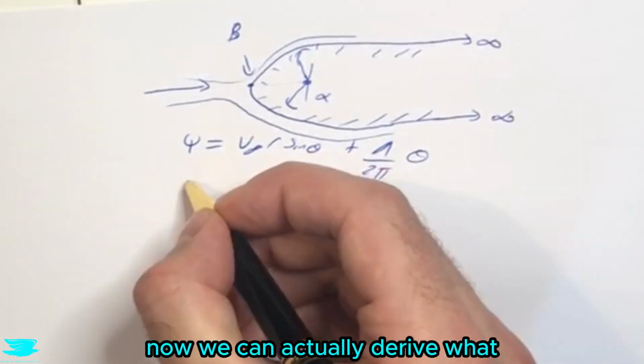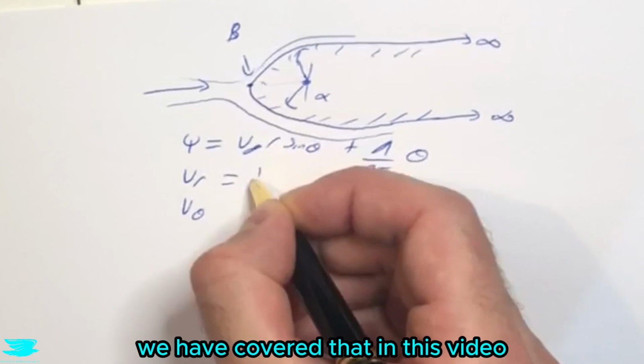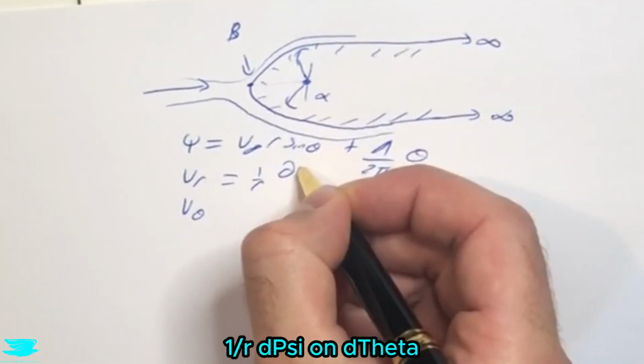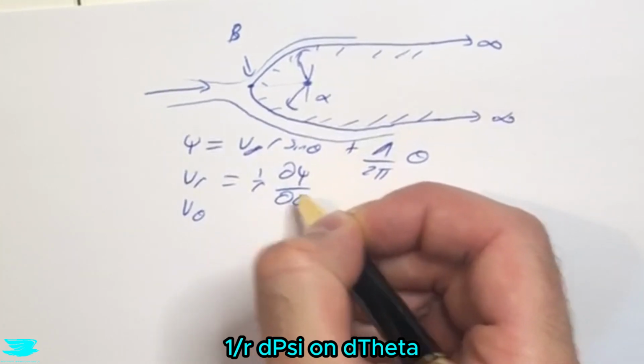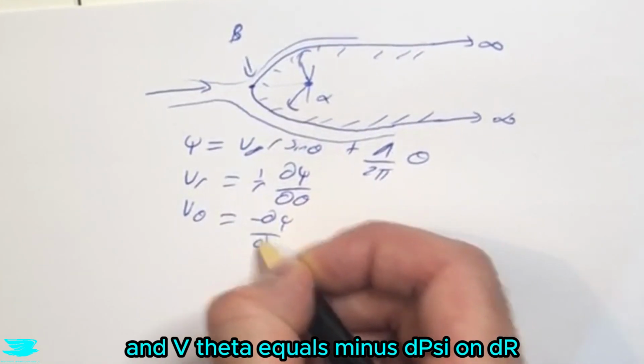Now, we can derive what Vr and v theta are because Vr equals 1 on r d psi on d theta, and v theta equals minus d psi on dr, as we've covered in this video for the stream function.